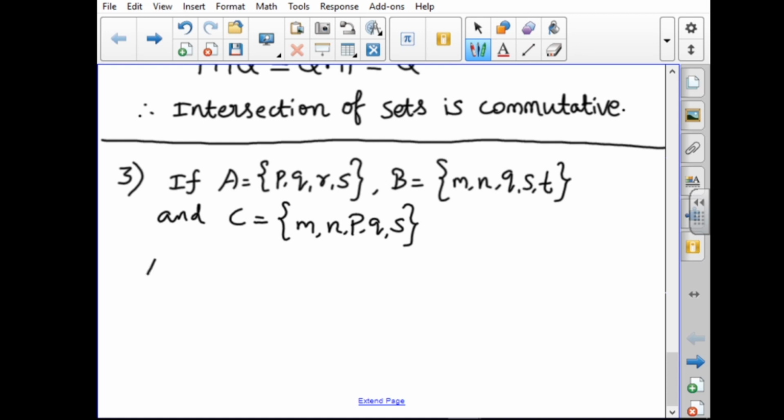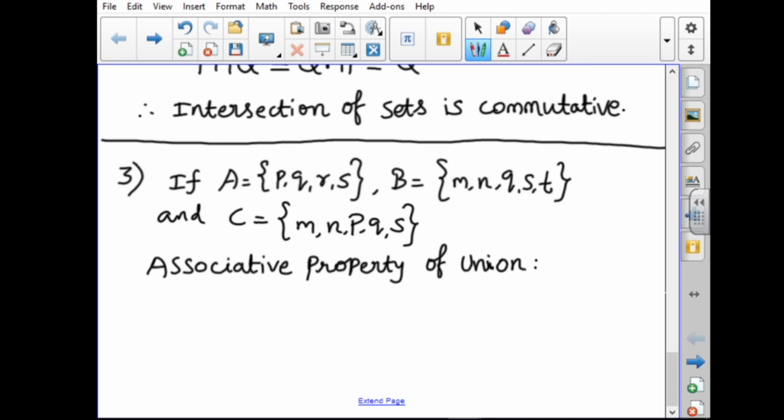Okay, so we know the associative property of union. First you should write the formula. That is the property you should write.